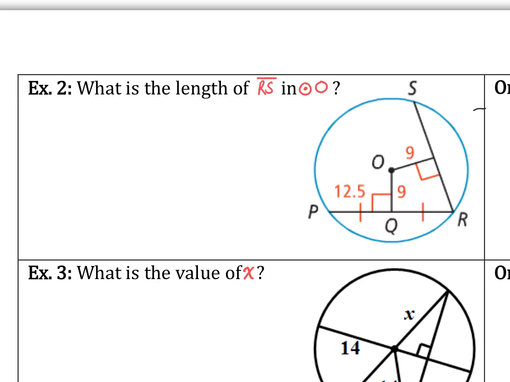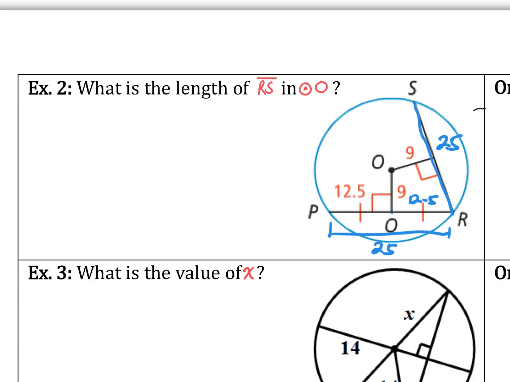It means that RQ is also 12.5. So the whole length of this is going to be 25, that's 12.5 plus 12.5. So with theorem number 3, this line segment RS is also going to be 25.